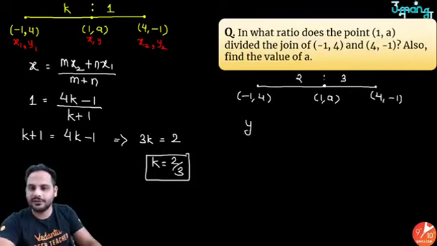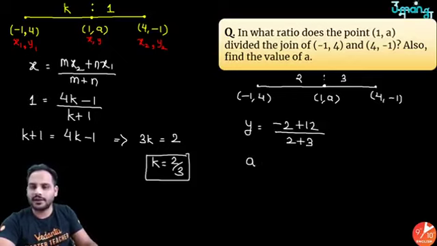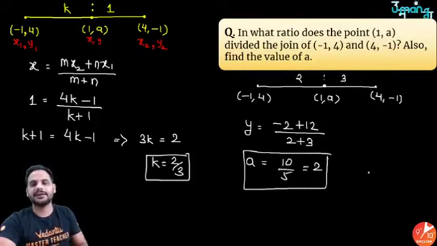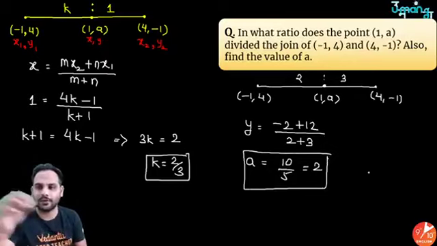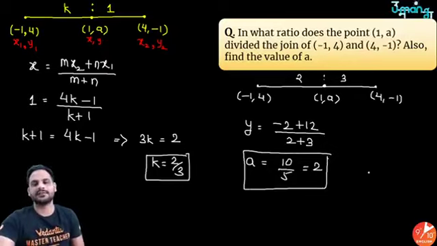So y coordinate will be m into y2, so 2 into minus 1 is minus 2, plus n into y1, so 3 into 4 is plus 12, divided by 2 plus 3. Y coordinate is, a is equal to 10 by 5 which is equal to 2. So the ratio is 2 is to 3 and the y coordinate of that point 1 comma a, the value of a is equal to 2.